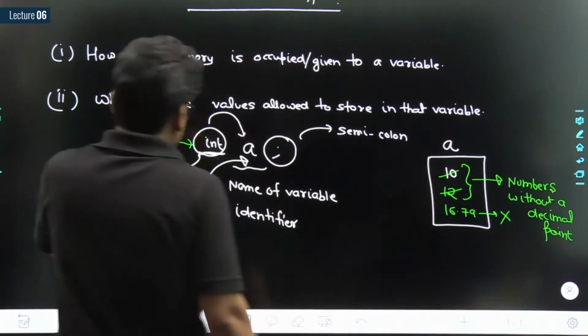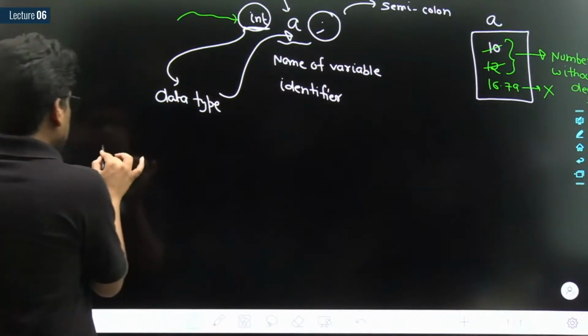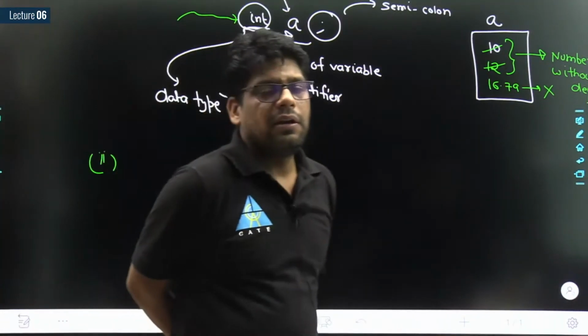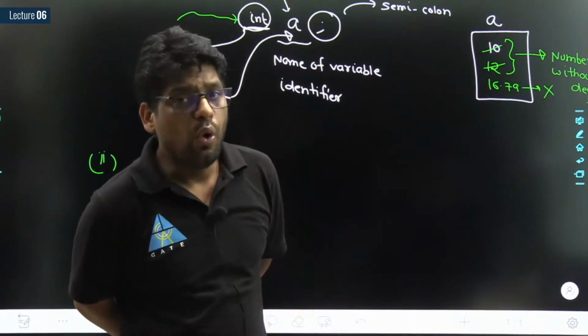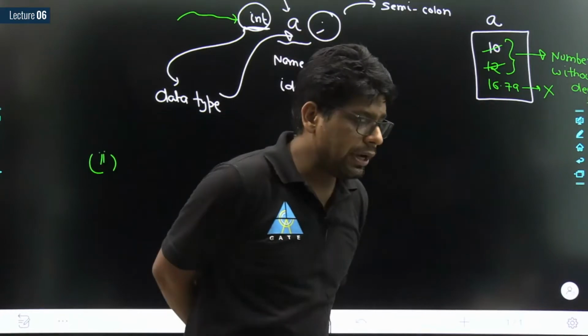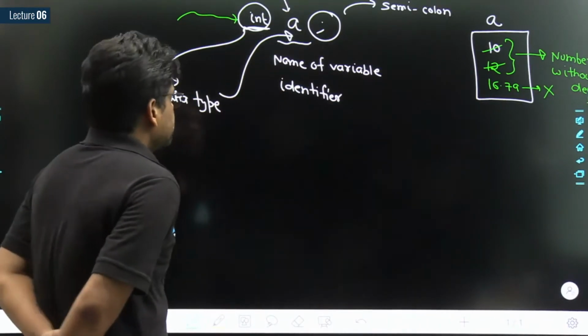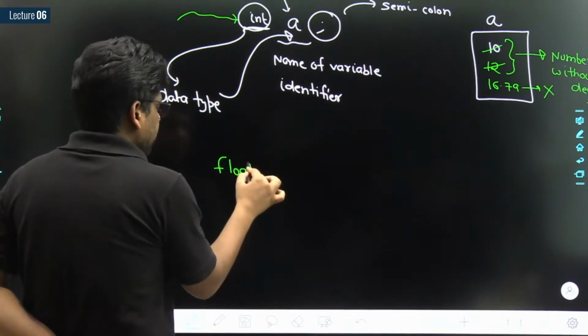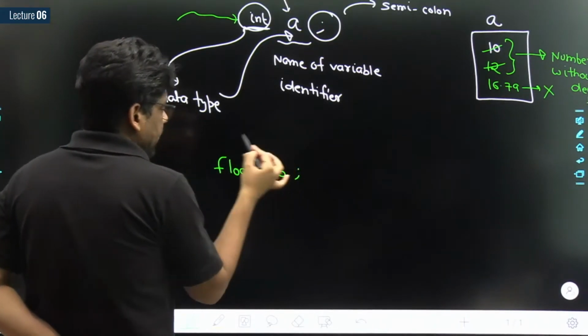Okay, sir, how can we declare a variable to hold a decimal point number? Okay, sir, we need to write something like this: float b.